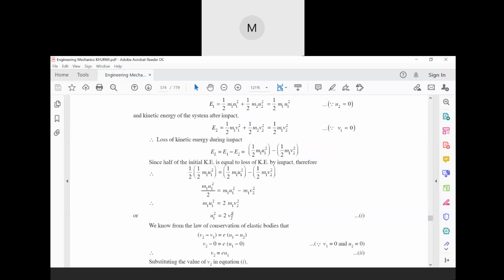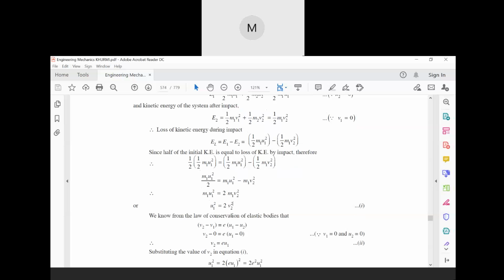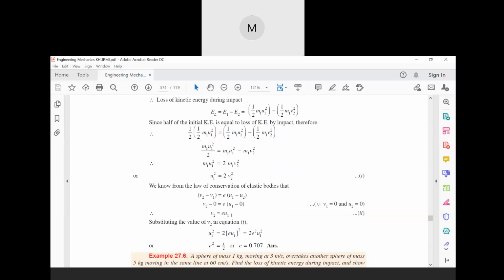Then what you can do is, from the value of the coefficient of restitution, you can find it like this: v2 minus v1 equals e into u1 minus u2. Then you substitute the value of v2 in this equation, and you will get this.